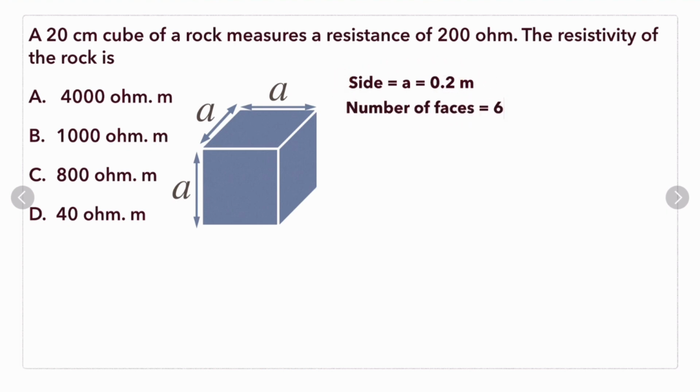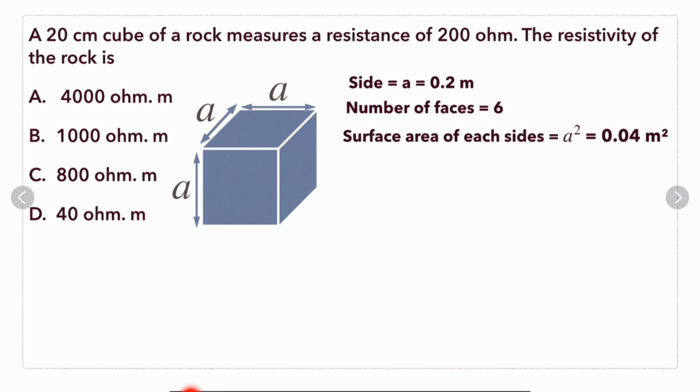Next is the number of faces. If you consider your room as a cube, you will see there are 6 walls, so the number of faces in a cube is 6. Next is the surface area of each side.